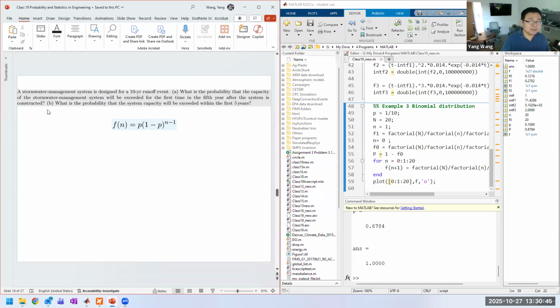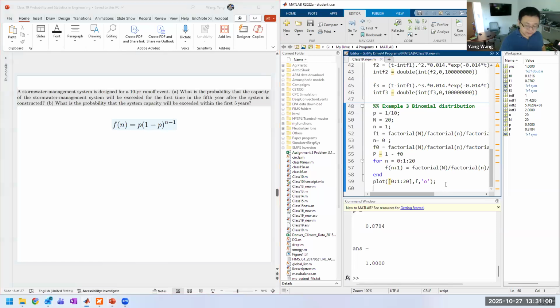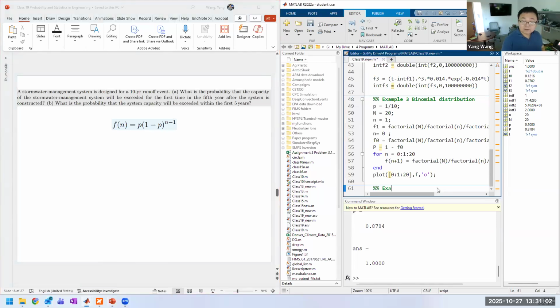Section B: what is the probability that the system capacity will be exceeded within the first 5 years? It could be failing in the 1st year, 2nd year, 3rd year, 4th year, and 5th year, so for that you need to consider a summation. So this is example 4, geometric distribution.